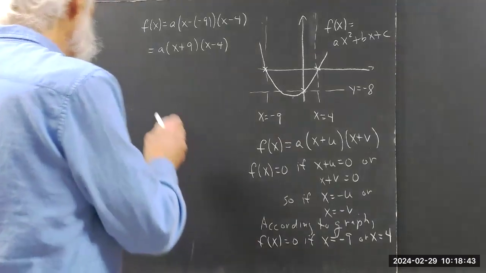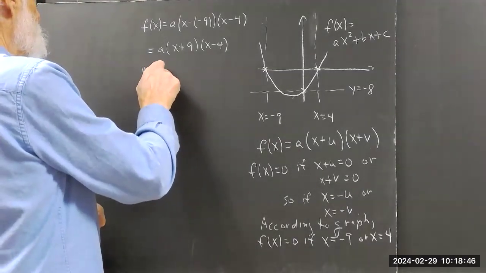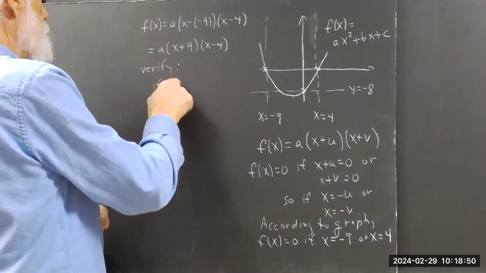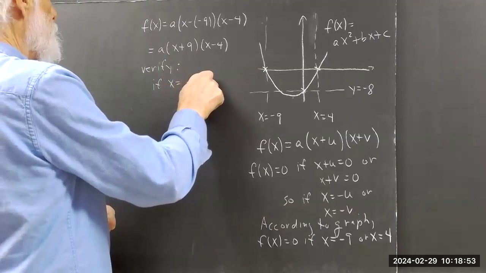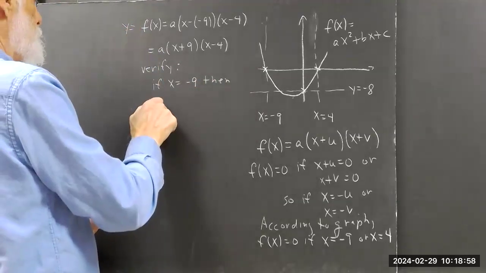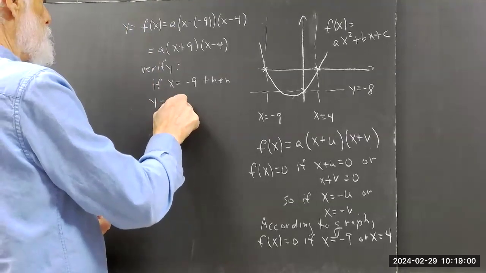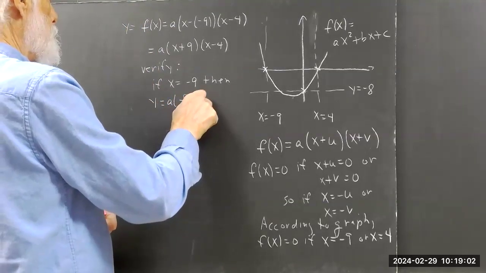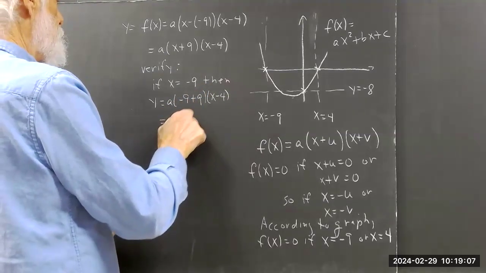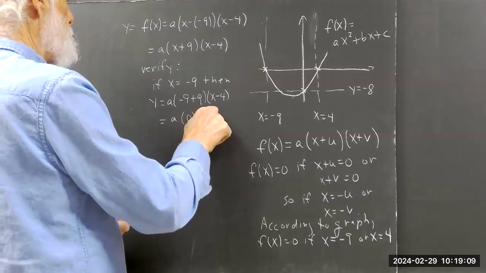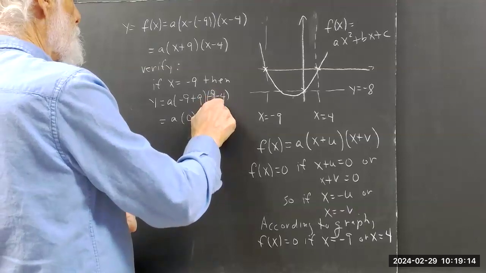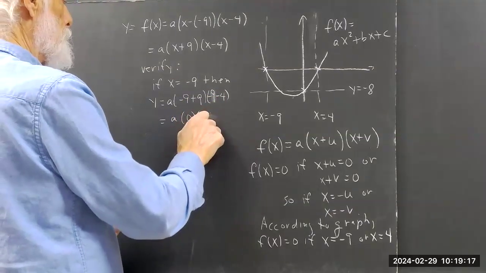So really, here's kind of how we look at it. We just verify. It would be -9 minus 4.